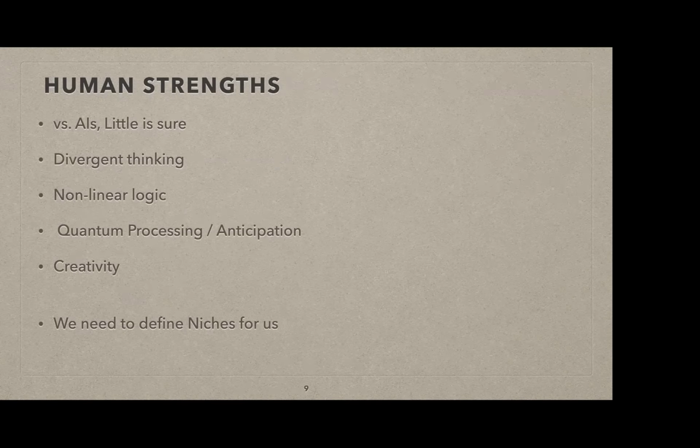I'm not sure exactly what I mean by that, but I think there is something about the quantum processing in our brain, mental makeup, that makes us better at anticipation, at making wild leaps, and even at perceiving reality in a different way.